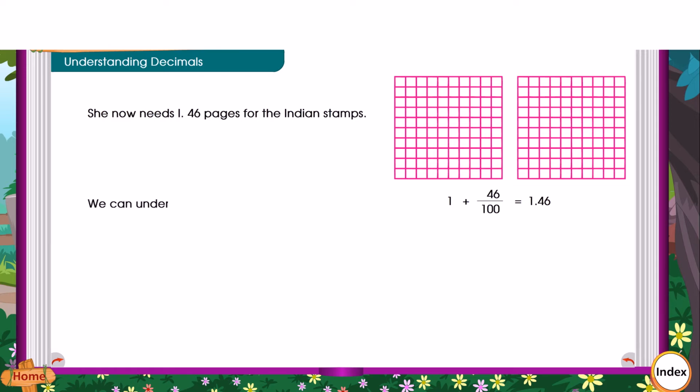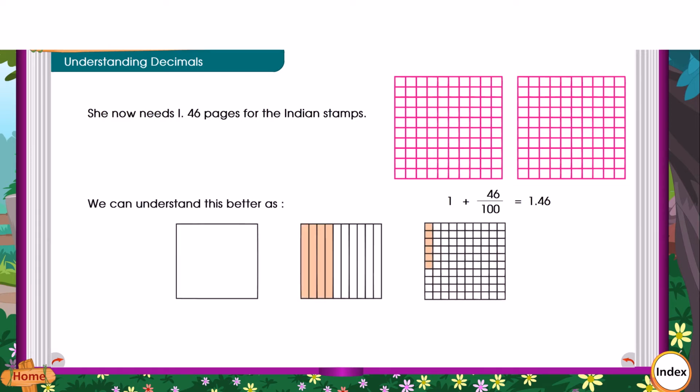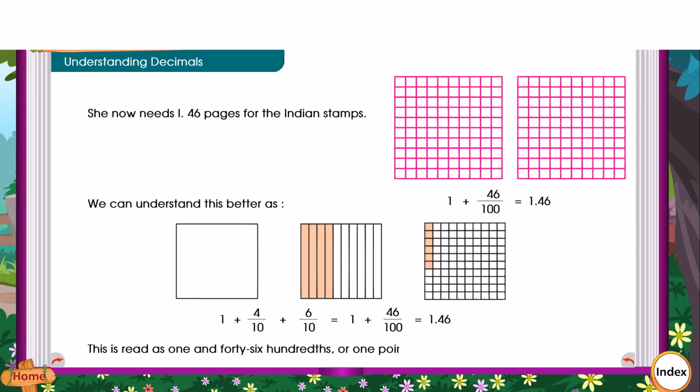We can understand this better as 1 plus 4 by 10 plus 6 by 100 is equal to 1 plus 46 by 100 is equal to 1.46. This is read as 1 and 46 hundredths or one point four six.